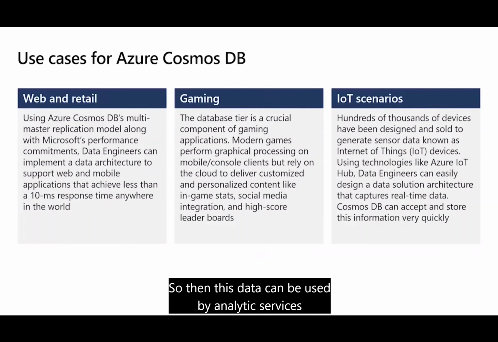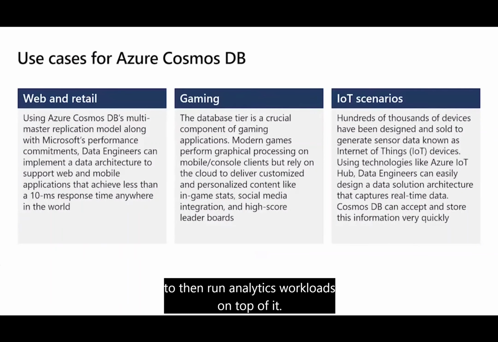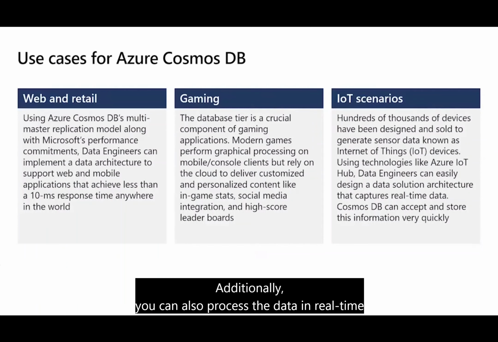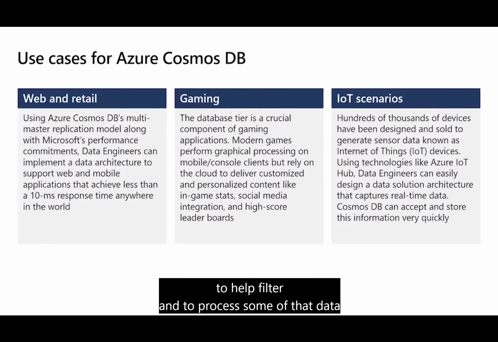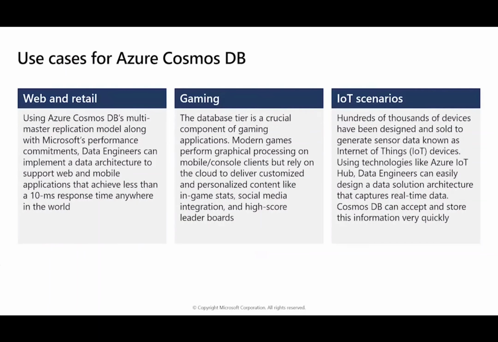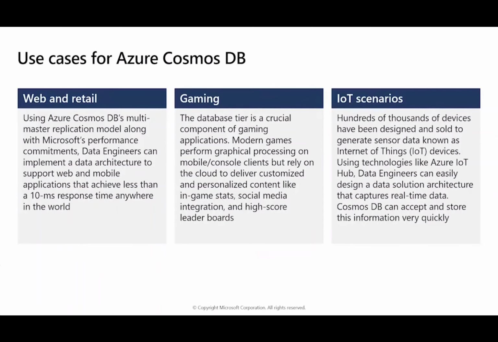Then this data can be used by analytics services like Azure Machine Learning, Azure HDInsight, or Power BI to run analytics workloads on top of it. Additionally, you can also process the data in real time by triggering an Azure function to help filter and process some of that data as it comes into your Azure Cosmos DB database.